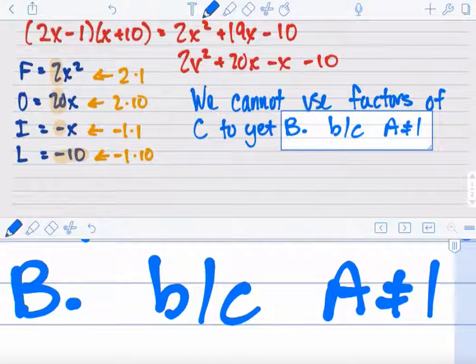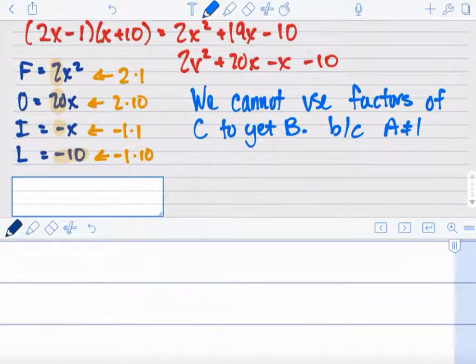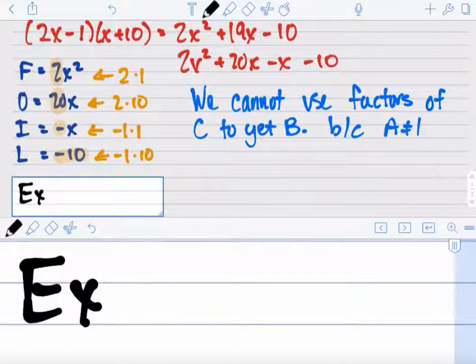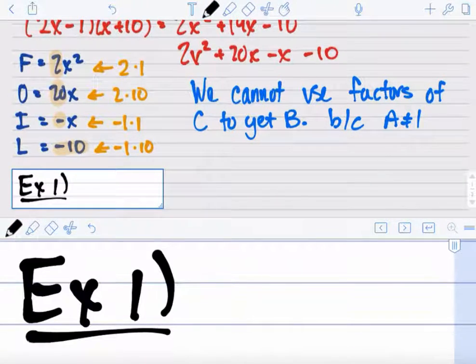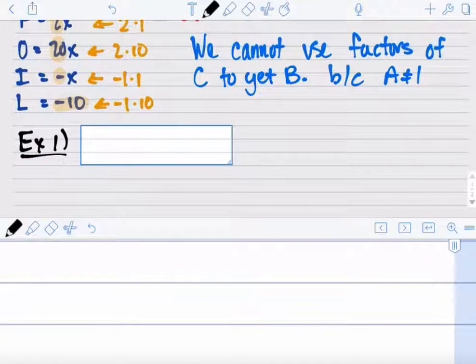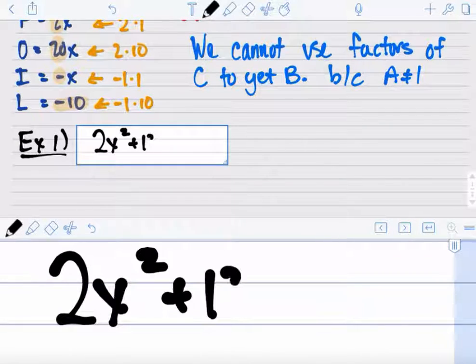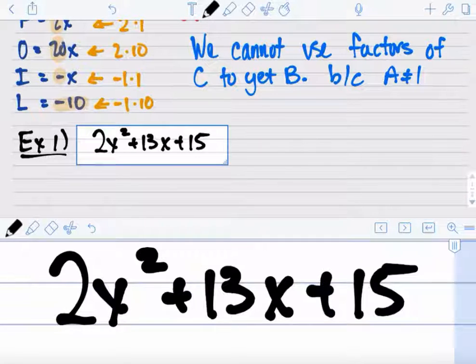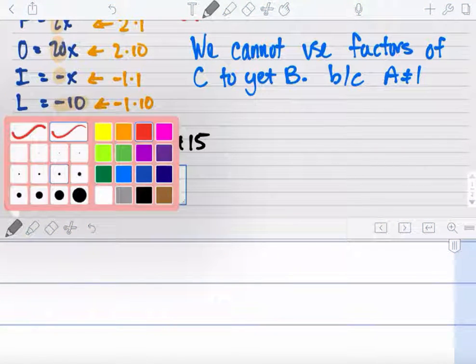So what are we going to do? I'm going to do this by working an example to start with. Remember, in math we really want to make sure everything is equivalent and can be replaced with each other. So let's look at this problem: 2x squared plus 13x plus 15. I'm going to do this in a few different ways.